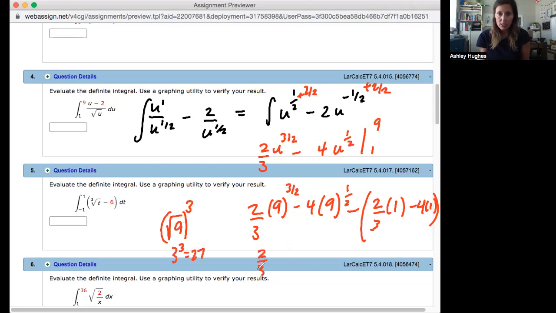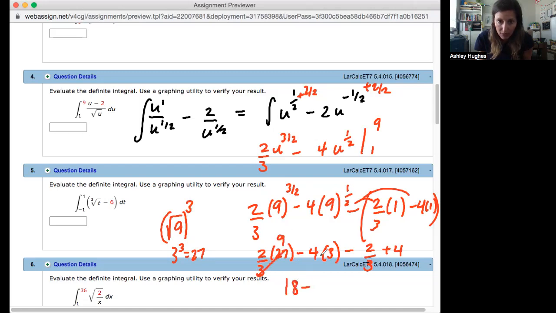So that's 2/3 times 27 minus 4 times the square root. This 1/2 is the square root of 9, which is 3, minus 2/3, and then minus a negative would be plus 4. This 3 and this 27 simplify, so 9 times 2 is 18, minus 4 times 3 is 12, minus 2/3 plus 4.